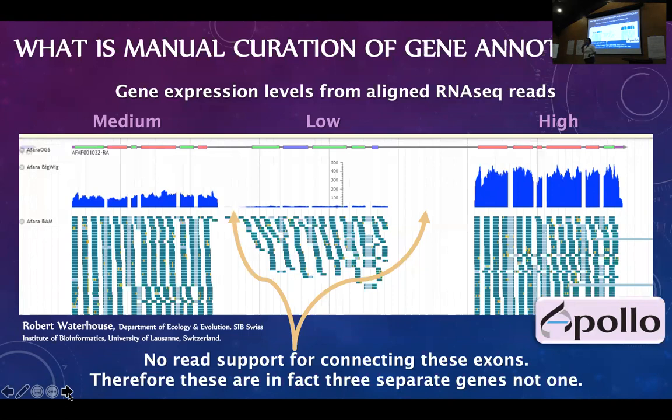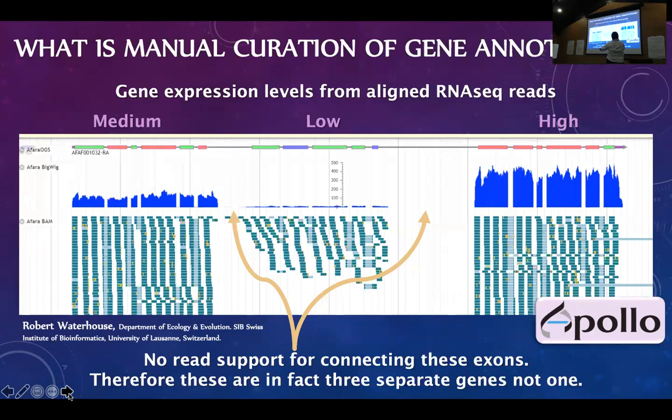Right? So the predictor actually said that that was a whole gene model. However, when we went and looked into the supporting evidence data, we saw gene expression level from aligned RNA-seq reads, and we realized that this is a very high representation of expression levels. There's medium here, and this is just very, very few reads.